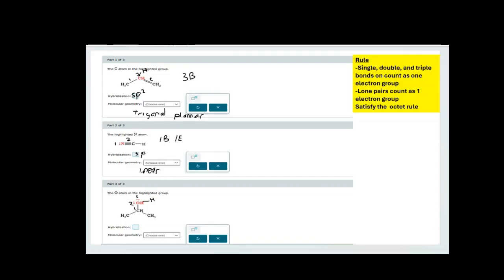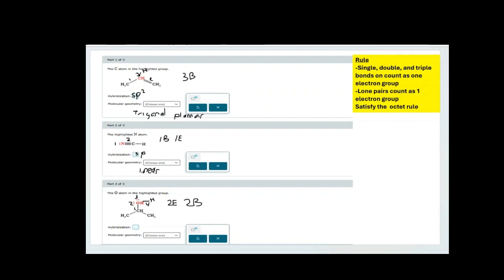A lone pair of electrons here, which is 3, and a single bond to hydrogen right there, which is going to be 4. So in total, we have 4 electron groups, and then we can break it down by bonds and lone pairs. So for lone pairs, we got 1, 2. So I'll write 2E. And then for bonds, we have 2. 1 right here, 1 right here in this area. So we can write 2B.